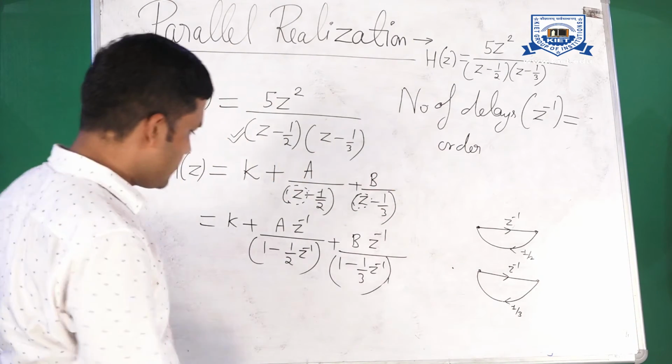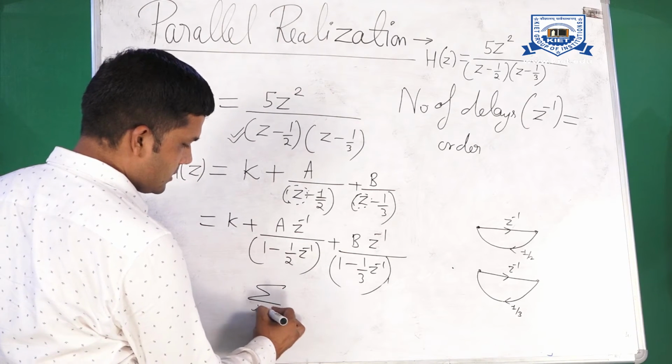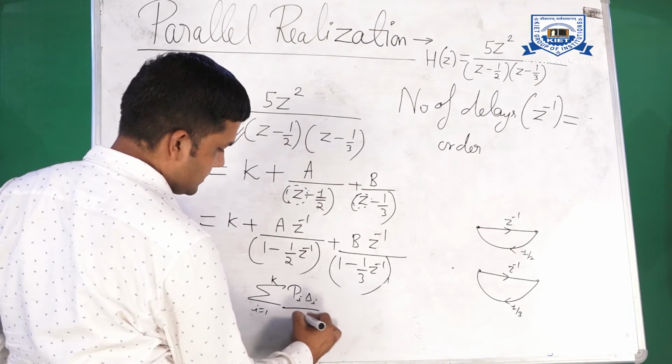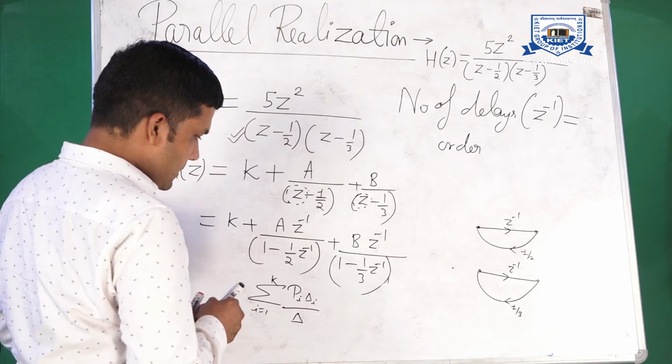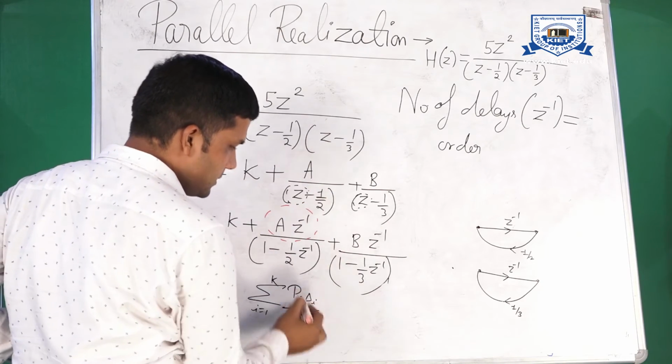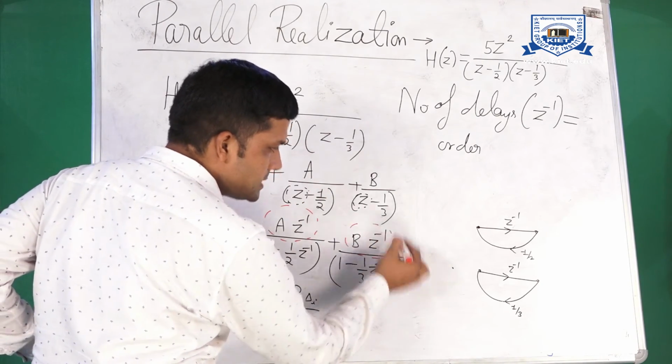Using Mason's gain formula, the sum over i equals 1 to k of P_i delta_i upon delta. What is the value of P? The value of P is A z inverse, and here the value of P is B z inverse.